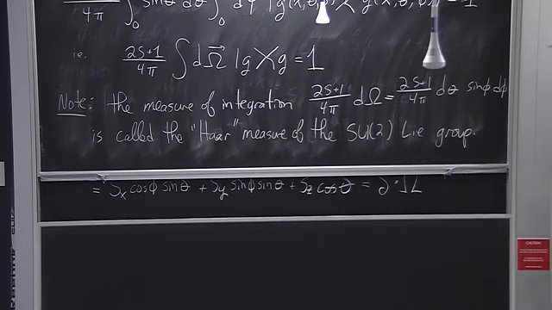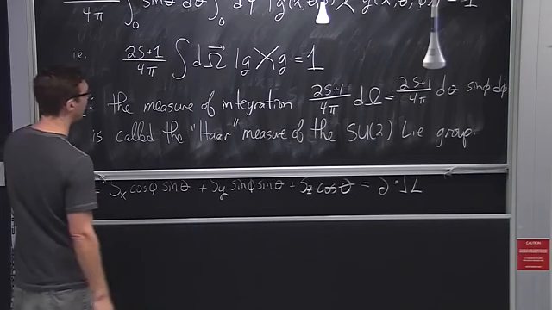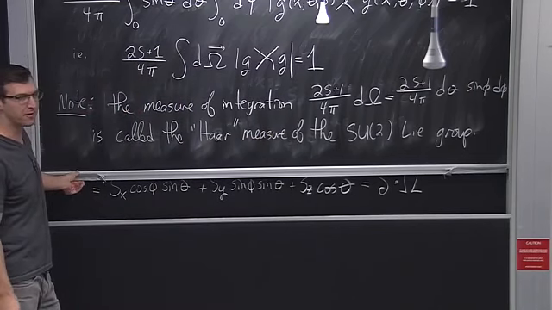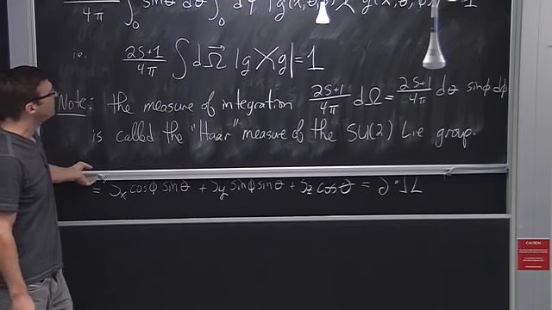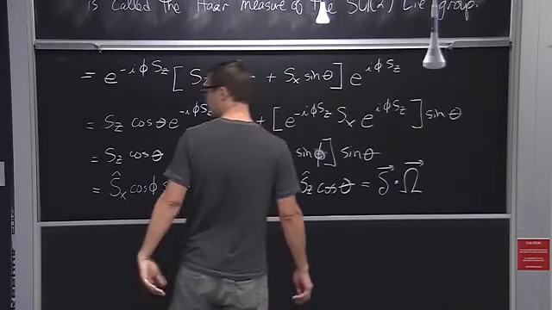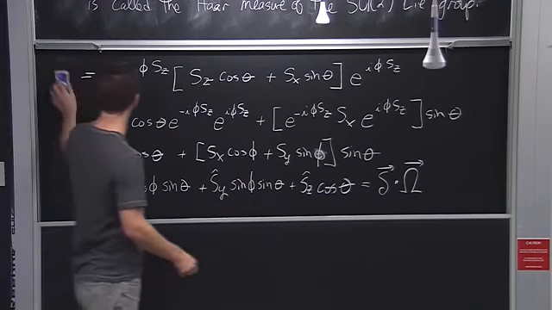So that's called the Haar measure of the SU(2) group. Have fun with that. I'm just going to use this now when I make the path integral. I think that's basically all we need. I guess we'll have to assume some form for the Hamiltonian, but let me worry about that a bit later.